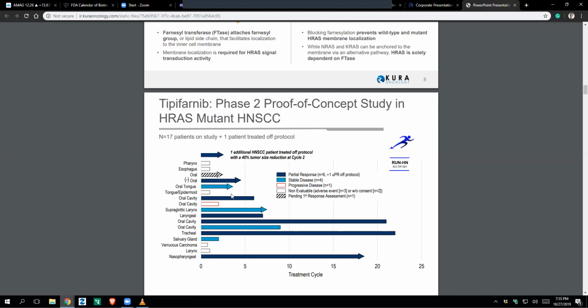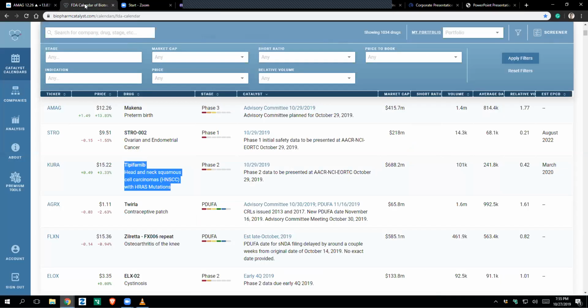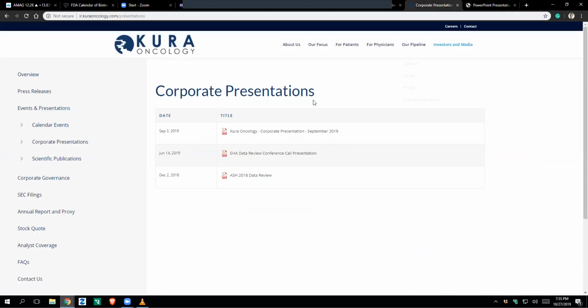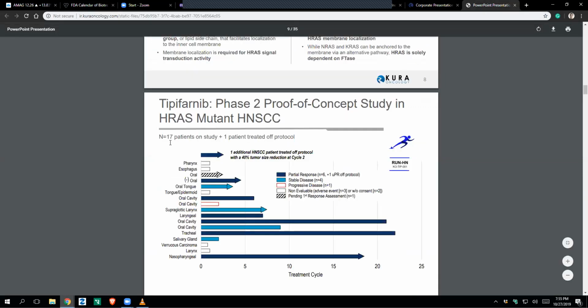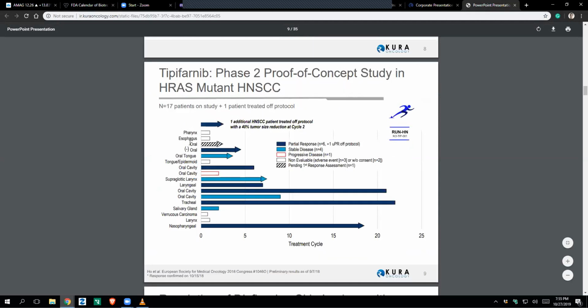So this is the study design that they are going to present the data on, on Tuesday. 17 patients, with different locations of head and neck cancer: pharynx, esophagus, tongue, oral cavity.